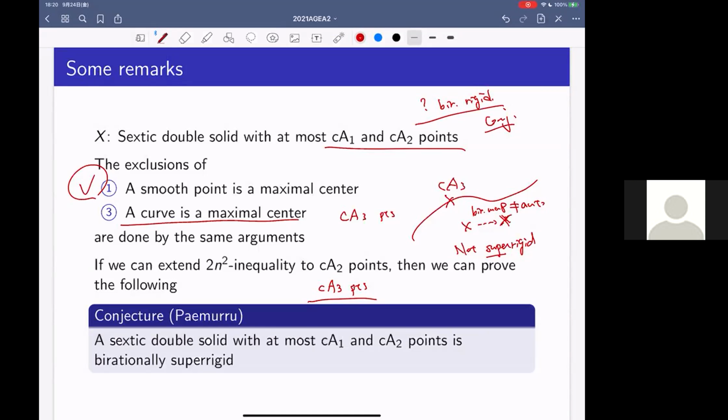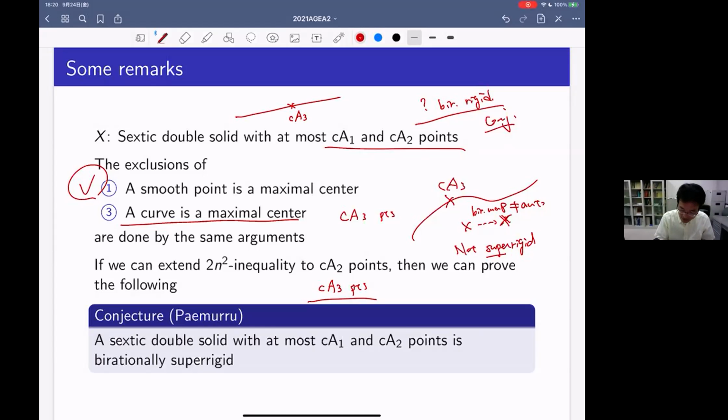In the cA3 case, it's possible to have an involution as a non-trivial birational map, and do you expect that involutions are the only non-regular birational maps? I expect so. But I have no confidence about a line passing through cA3 points.